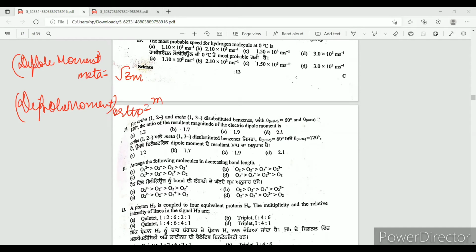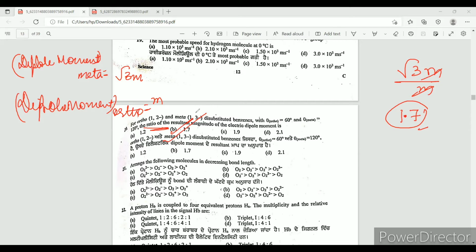Now, after solving this, we have to find out the ratio. So let's find out the ratio. Under root 3 m divided by m is under root 3, and the value of under root 3 is 1.7. So the answer comes out to be option number B.